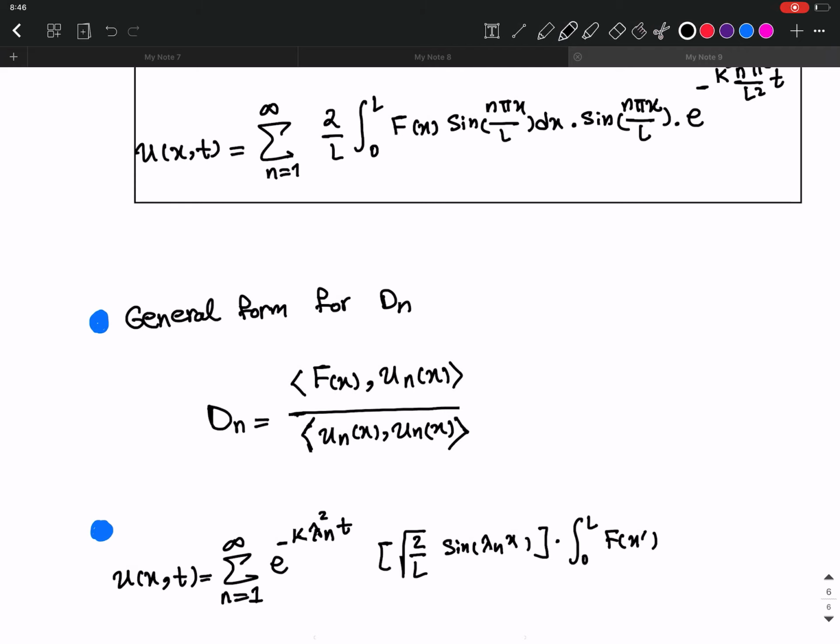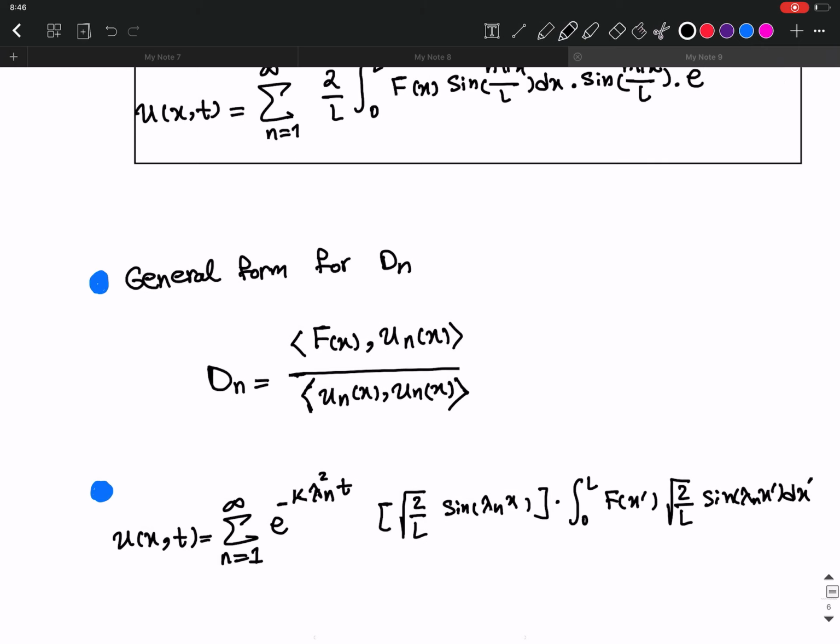This is a general form, but I want to write it this way to make a point about transformations, sine lambda n x prime dx prime, which is the integral inversion formulas, integral transformations, which is part of the next topic.